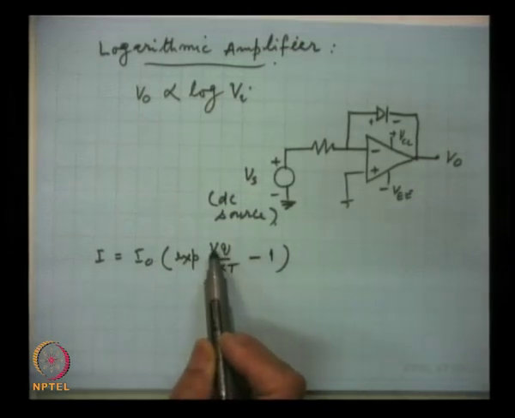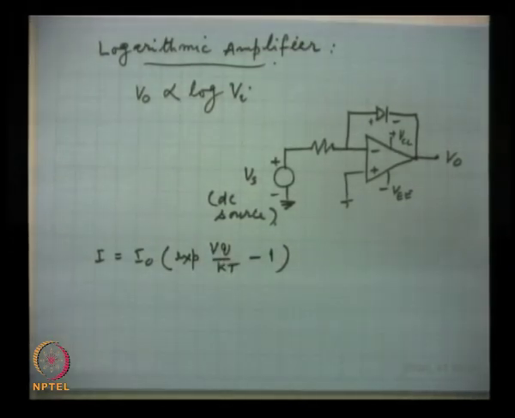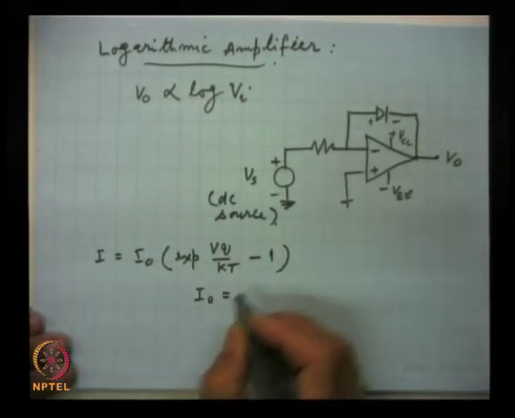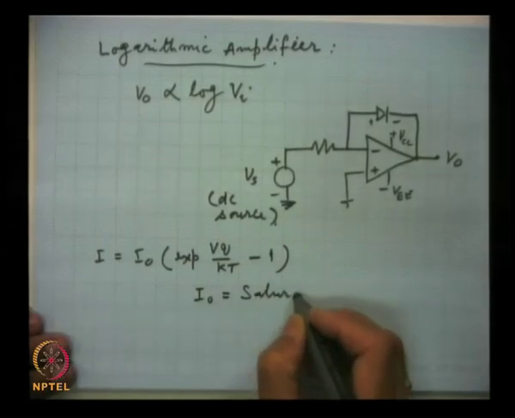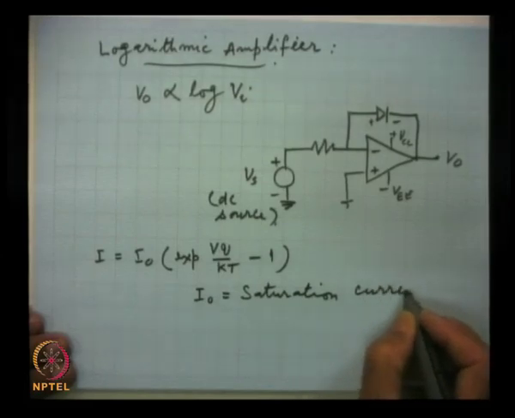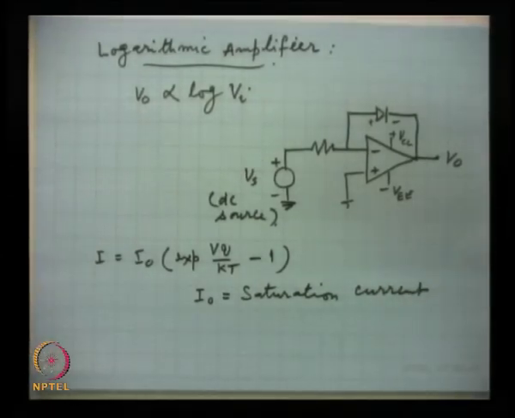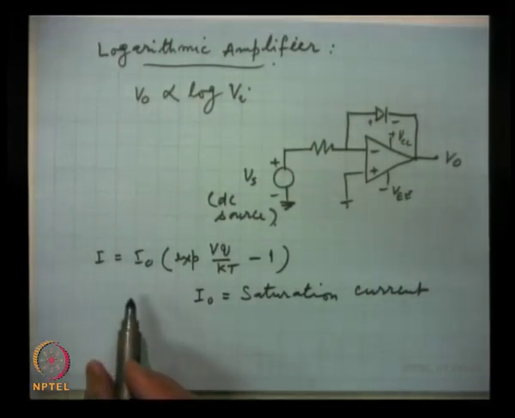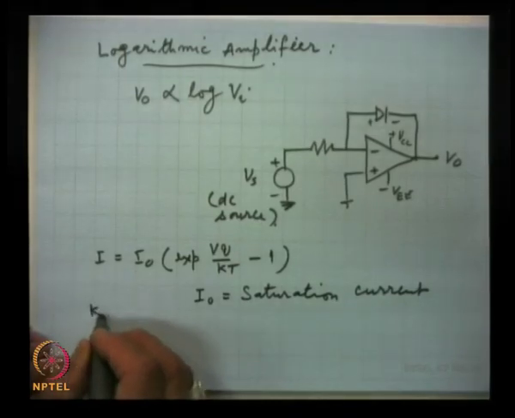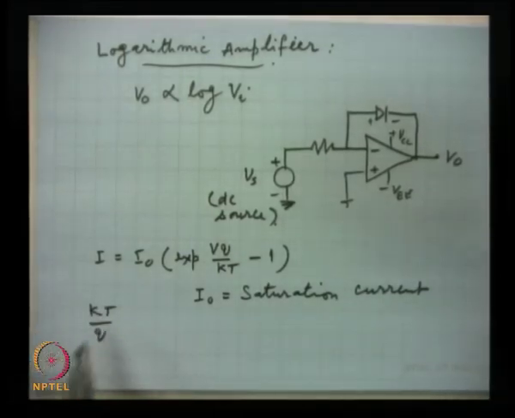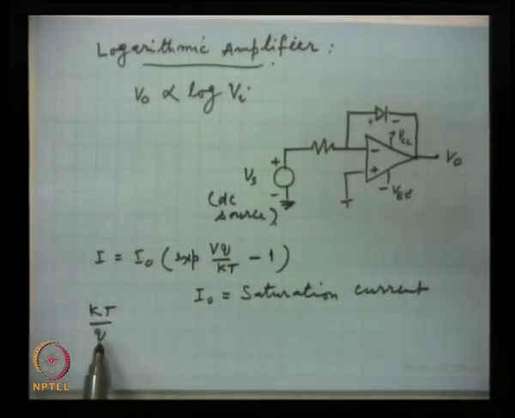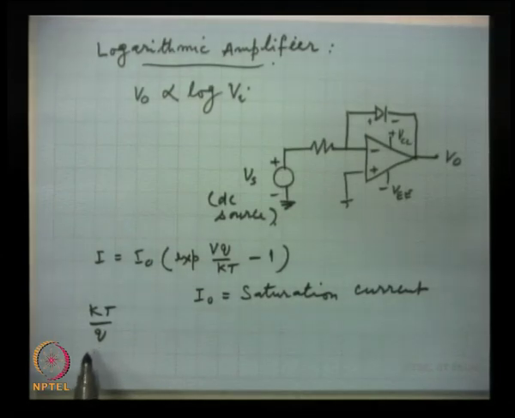This is the applied voltage and this is the resulting current, and here I0 is the saturation current. This we are going to use. And here this KT by Q, K is Boltzmann's constant, T is temperature in Kelvin, and Q is the electronic charge.